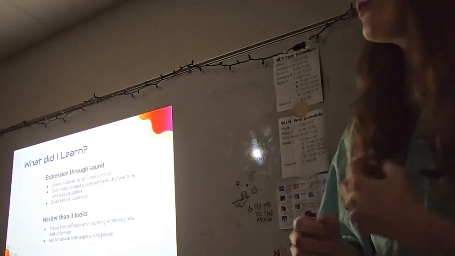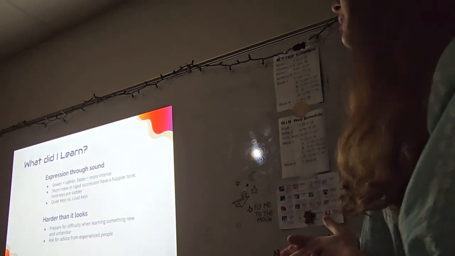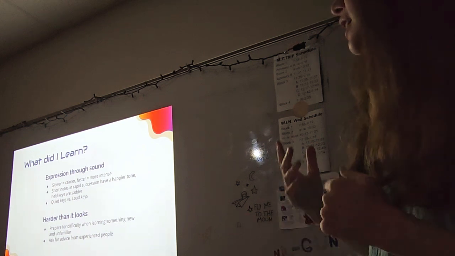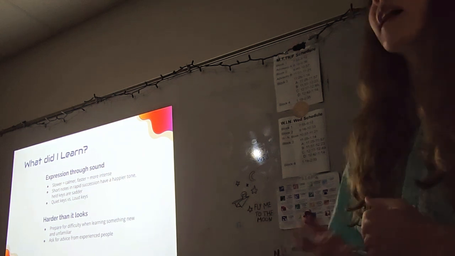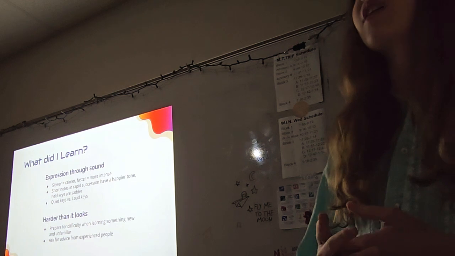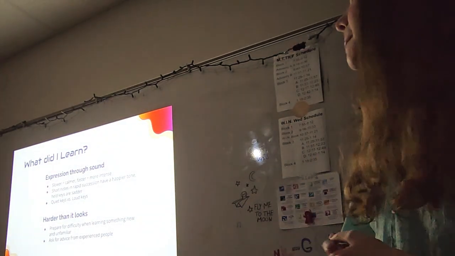And then during my project, I learned that expression through sound, like notes, have to do with it. Slower songs have a calmer kind of feel to them, and faster songs are usually more intense or happy.